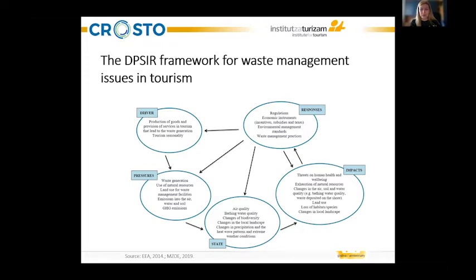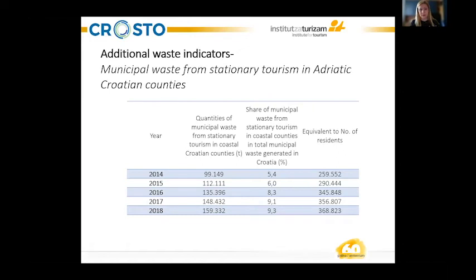In the end, we can see the real impacts through the threat to human health and well-being, land use, and loss of habitats. Therefore, through this framework and measurement, we must build the appropriate responses through regulations, economic instruments, and of course, waste management practices.